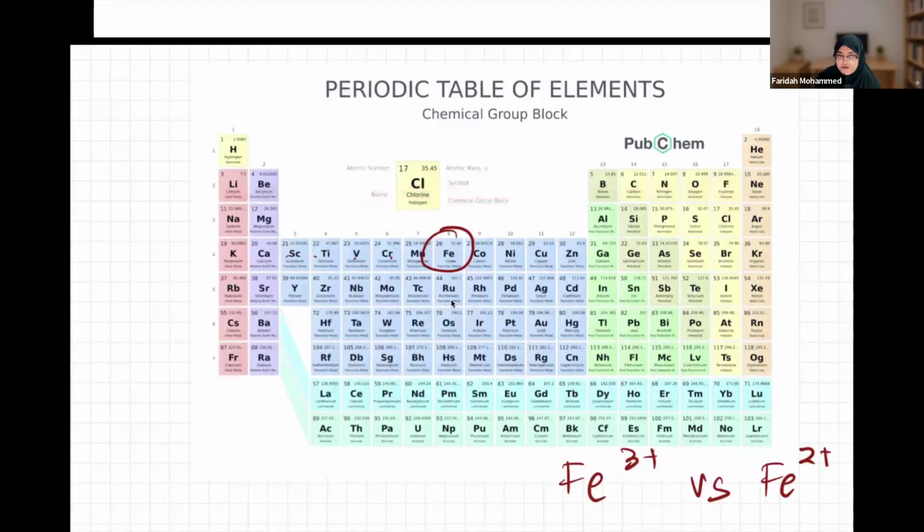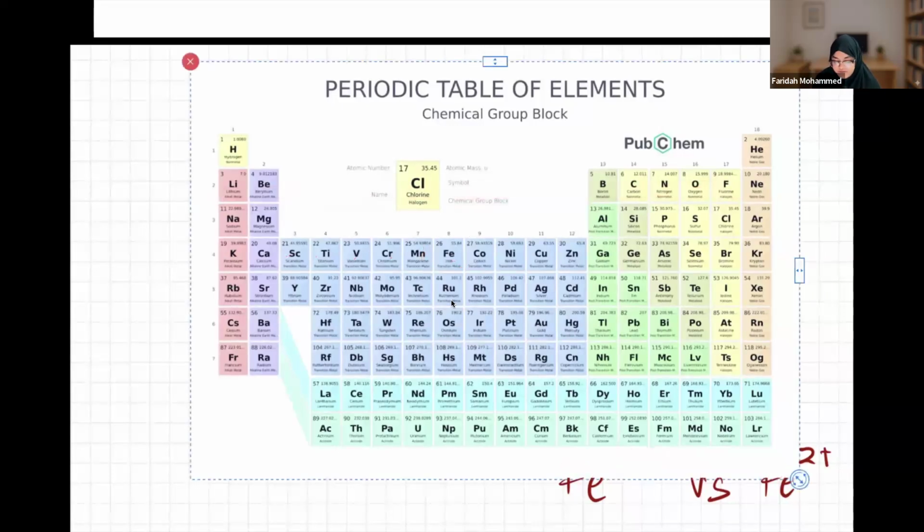Whenever you are going to look at the size of the element or ions, it's best for you to write down the configuration first, even though it's not necessary, especially for ions.